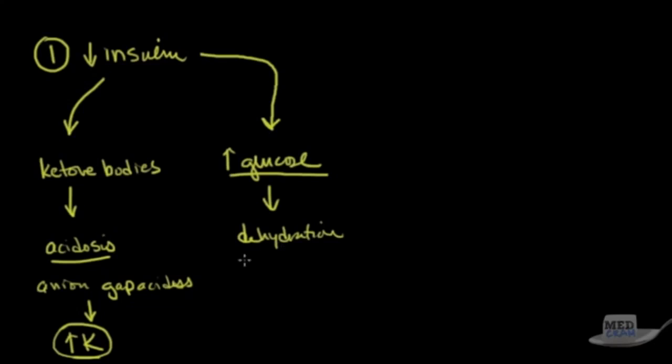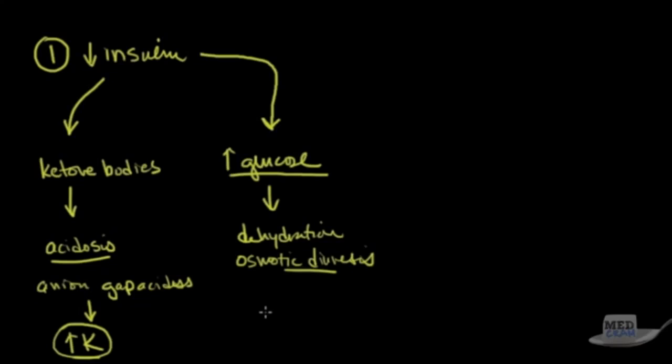And so what you get then is an osmotic diuresis. That simply means that there's too many particles in the urine because of the excess glucose that the kidney can't reabsorb it all, and that excess osmotic pressure causes fluid to go with it, and that causes dehydration.